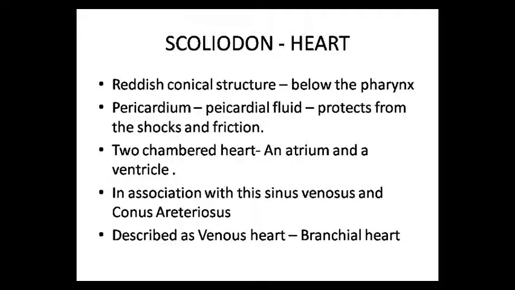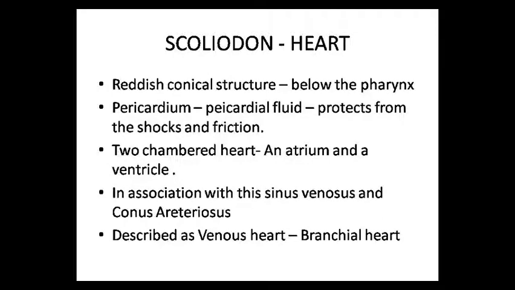The heart in Scoliodon is described as a venous heart and a branchial heart. Venous means deoxygenated blood. The blood flowing through this heart of Scoliodon is always deoxygenated blood. Hence, the heart is represented as a venous heart. Next, branchial heart.